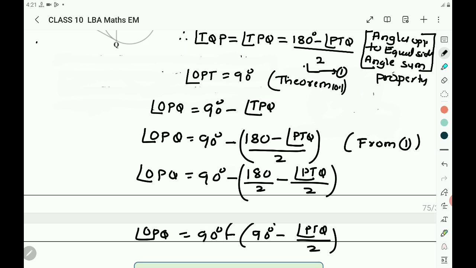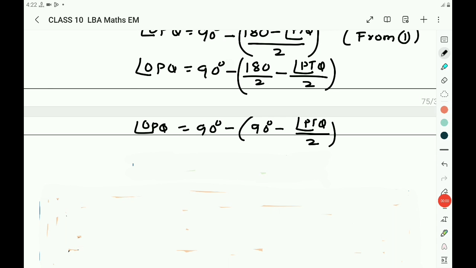Now you open the bracket and you write angle OPQ equals 90 degree. Open the bracket. It becomes minus 90 degree and minus into minus plus angle PTQ by 2.